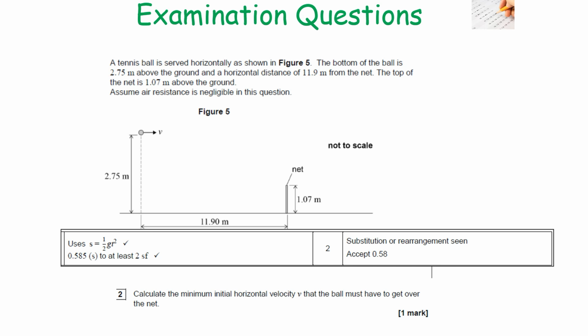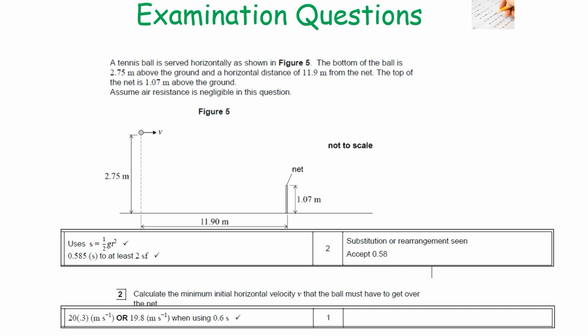Please remember in SUVAT that the only quantity which can be transferred between horizontal and vertical is the time, and therefore we can say velocity is displacement over time, so the displacement is 11.90 and our time is 0.585, so our answer is 20.3 meters per second.